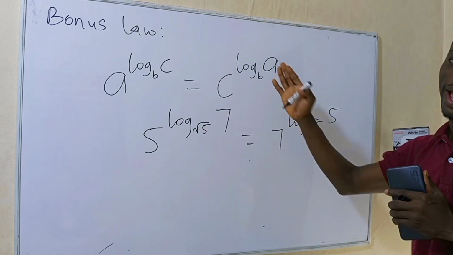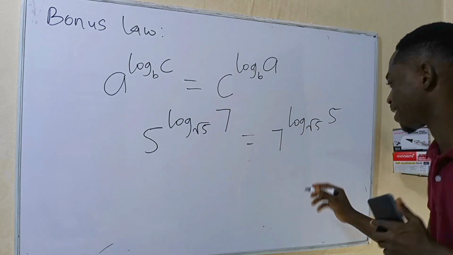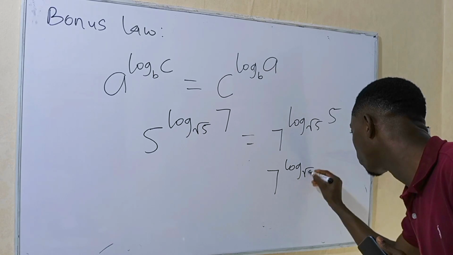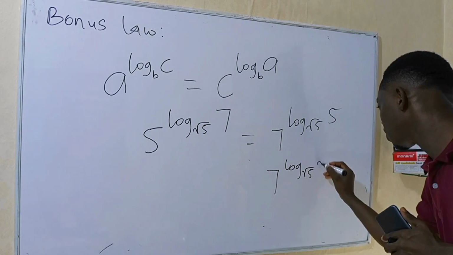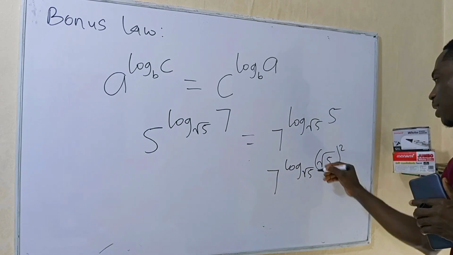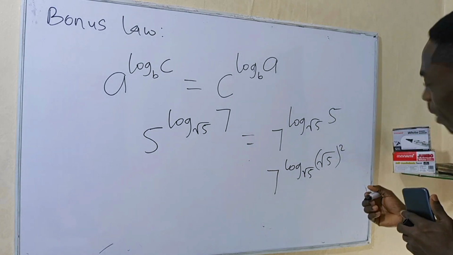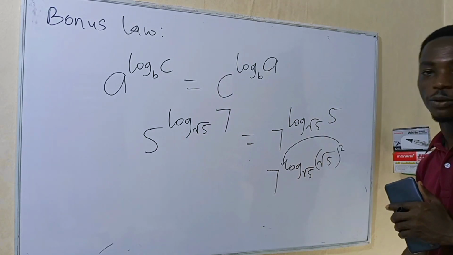Even though the law ends here, we are not done yet because we can simplify this further. We have 7 to the power log base root 5 of 5. But this 5 right here, I'm going to write it as square root of 5 squared, so that when this cancels out, we still get the 5 back. Cool. Then from law 3, if you have a power right here, we can move it all the way to the front.